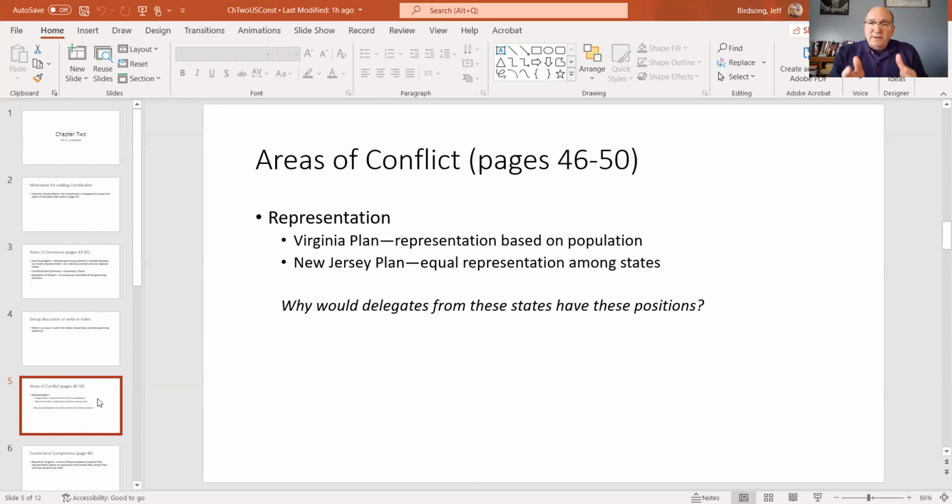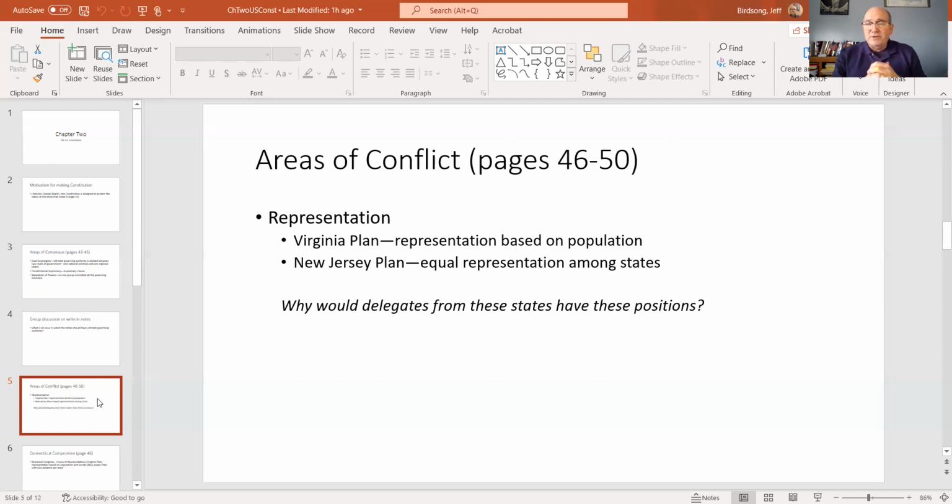So in that sense, consider why would delegates from these states have these positions? In some ways, it's fairly obvious, right? If you are a delegate to represent Virginia, then you're thinking of what's in the best interest of Virginia, and the same for New Jersey. So if you just look geographically, look at maps at that time, and in some ways, those maps haven't really changed. Virginia is just a larger state in terms of land size than New Jersey.